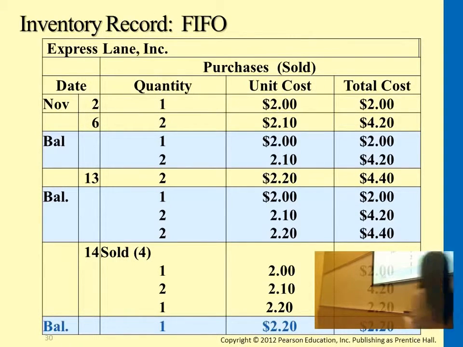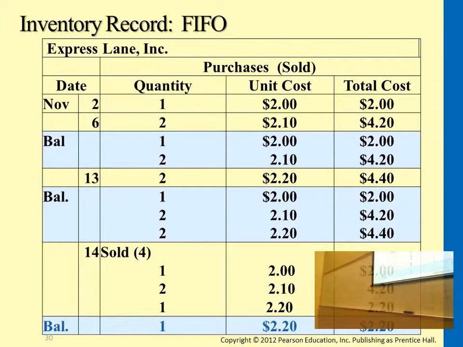Okay, so total inventory balance will be $2.20 at the end of FIFO. Total cost of goods sold will be how much? You sold 1 gallon at $2, 2 gallons at $2.10, 1 gallon at $2.20. So you would add up 2, 4.20, 2.20.